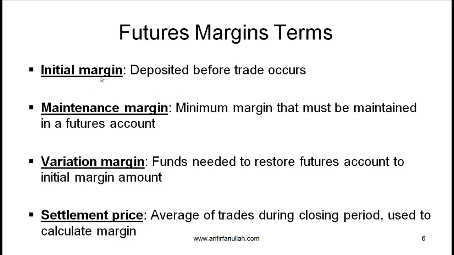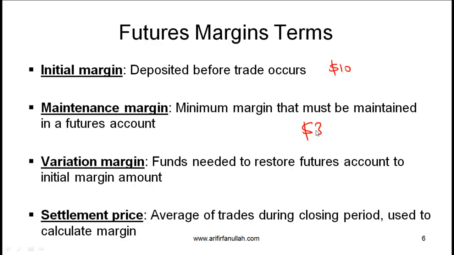As alluded to earlier, when you enter into a futures contract, as in your position could be either long or short, you need to post what's called an initial margin. This is the money that you have to deposit into your trading account before any trade occurs. Maintenance margin is the margin that must be maintained in a futures contract. Let's say that your initial margin on a given contract is $10, that means initially per contract you need to post $10.